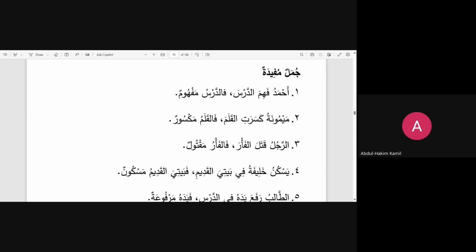Look at the second sentence. Maymunatu kasarat al-qalam, fal-qalamu maksurun. What does that mean? Maymunah broke the pen.